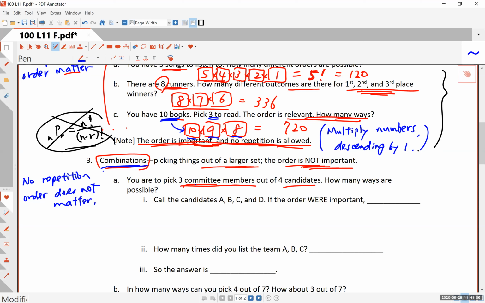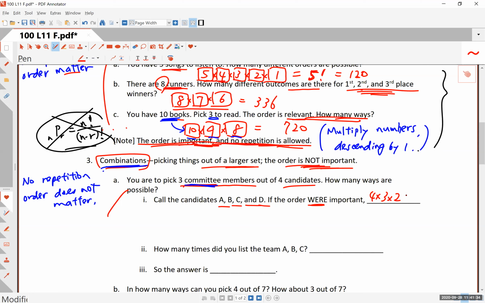And so like I said, this is the difference between choosing first, second, and third place winners and choosing 3 committee members. So here, let's say you have A, B, C, D, okay? If the order were important, if you were to choose first, second, and third place winners, then this would be a permutations problem.